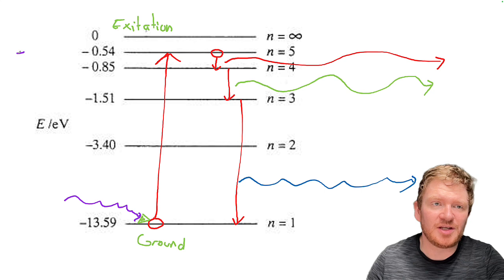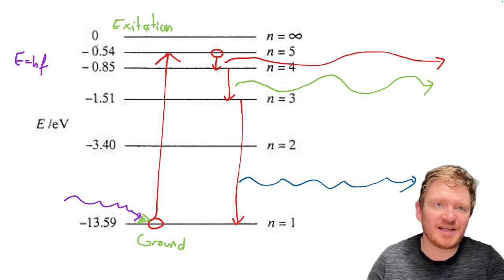Because I know E is hf, in this instance I can say the energy is the difference between these two, and whatever that difference is, that must be the energy of the photon, and that will give me the frequency that these photons have.